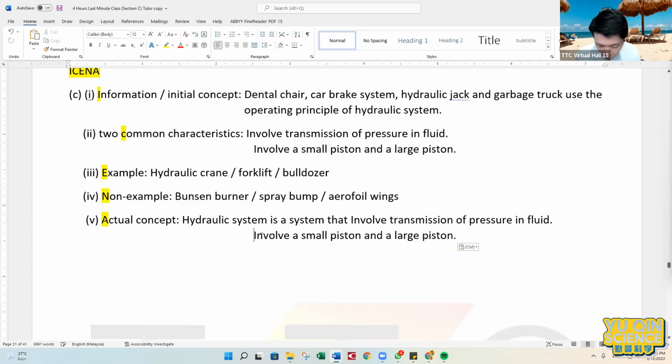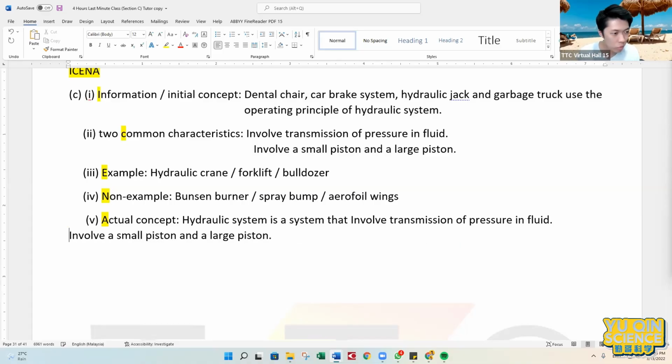Boom. Hydraulic system is a system that involves transmission of pressure in fluid and involve a small piston and large piston.